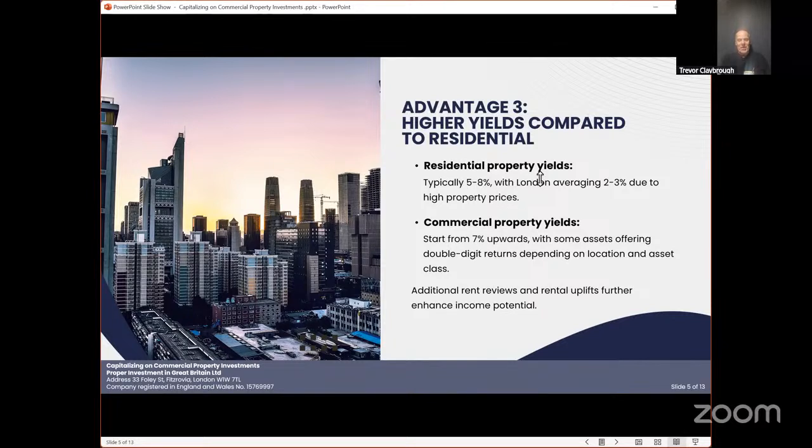And if we're in London, we're going to be at 2 to 3%. So that's what residential property is giving. Commercial property yields, typically we're starting at 7%, and quite easily, if we're selecting the properties carefully, we can get into 10% and higher. And we've got the regular rent reviews and rent uplifts that can be in the commercial contracts.